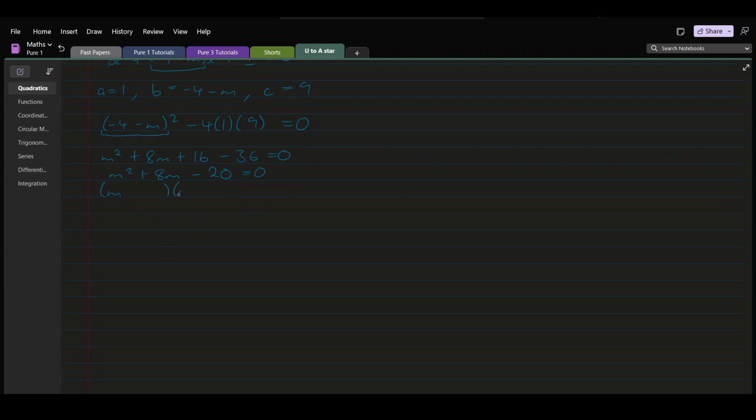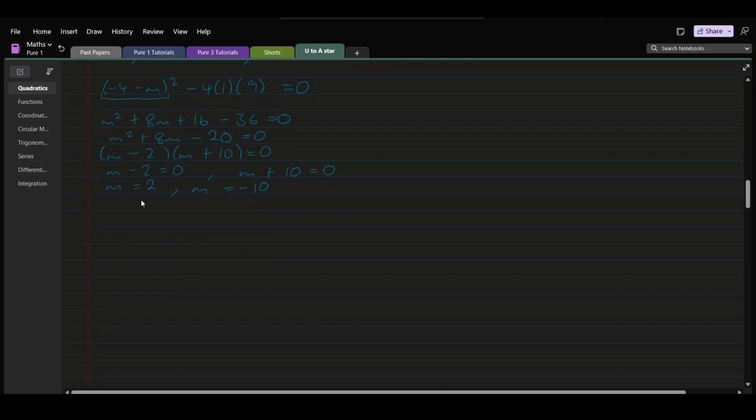We're looking for factors of negative 20 that will add up to 8. So that's plus 10 and minus 2, because 10 times negative 2 gives us negative 20, and 10 minus 2 gives us 8. Equate each bracket to 0, so m minus 2 is equal to 0, and m plus 10 is equal to 0, so that simplifies to m is equal to 2, and m is equal to negative 10.